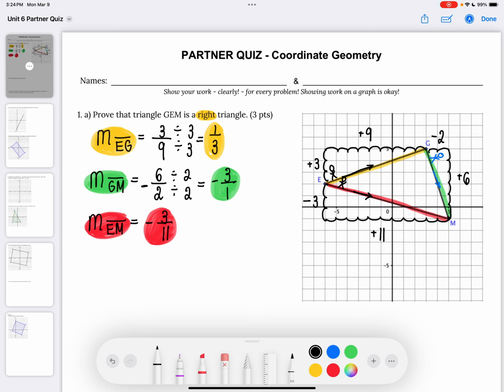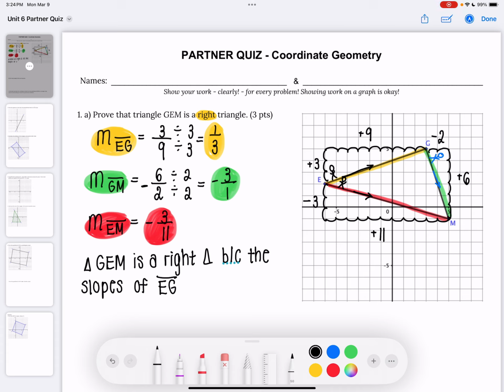So we're going to say that triangle GEM is a right triangle because the slopes of line segment EG, which is 1/3. Actually, let's make that more specific and write that the slope is 1/3.